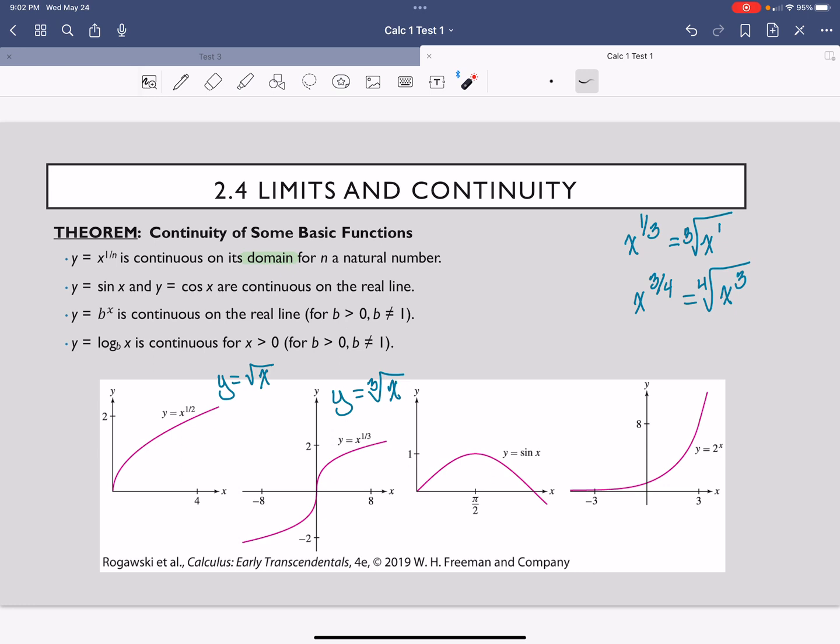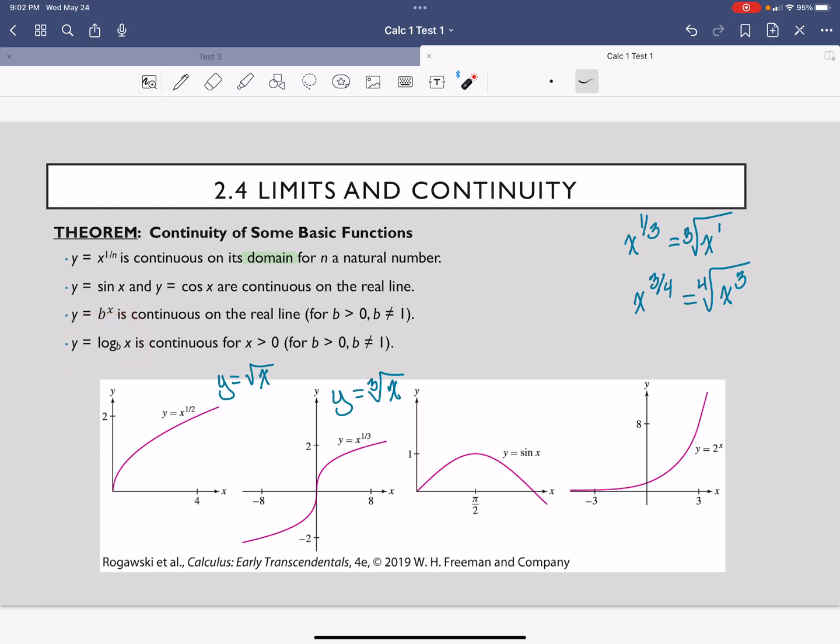Now, many of you just got out of trig and say this is a partial graph of sine of x. And then we've also got cosine of x, and those are continuous on all real numbers. So if you think back to the domain, you always want to think back to the domain. Okay, here's some exponential functions. Exponential functions are continuous from negative infinity to infinity on the real number line. Log, you've got to think back to your domain again.